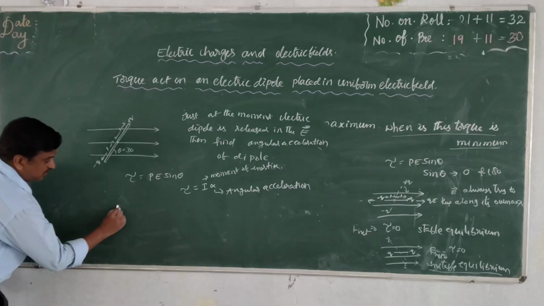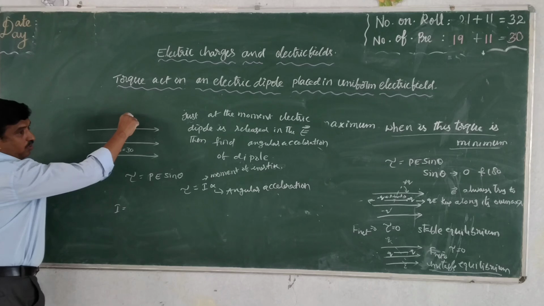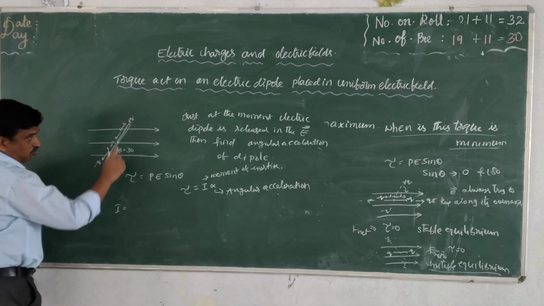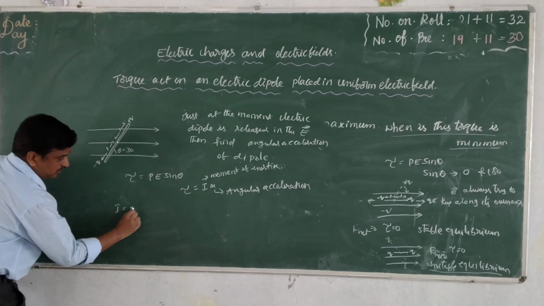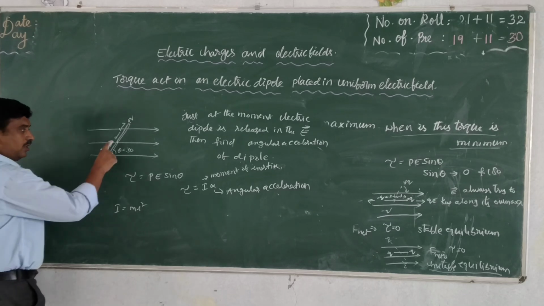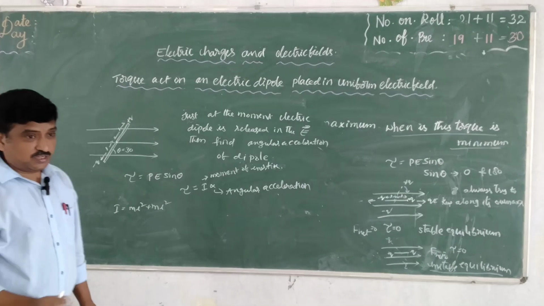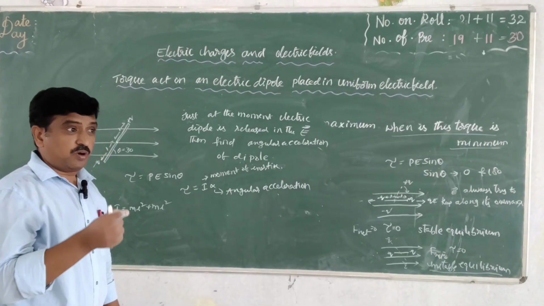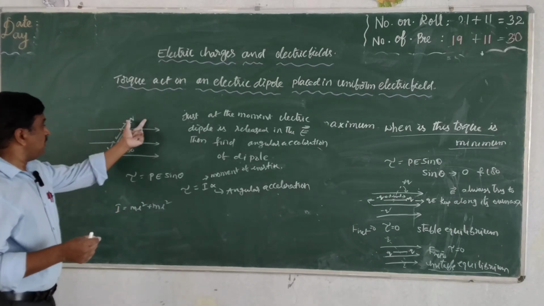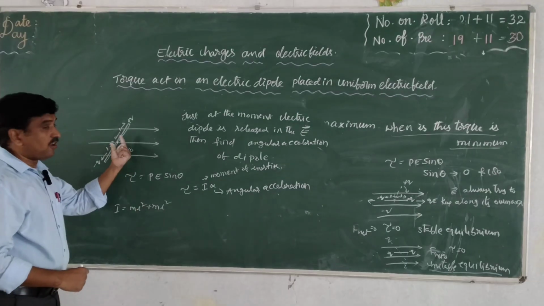So I equals the particle mass times the square of the distance between the particle and the center of mass, which is m L square. Moment of inertia is the product of the mass of the particle and the square of its distance from the axis of rotation, or center of mass.